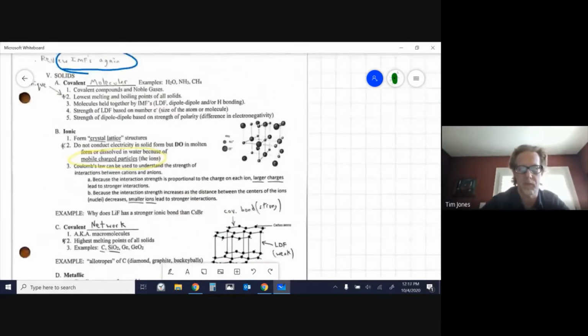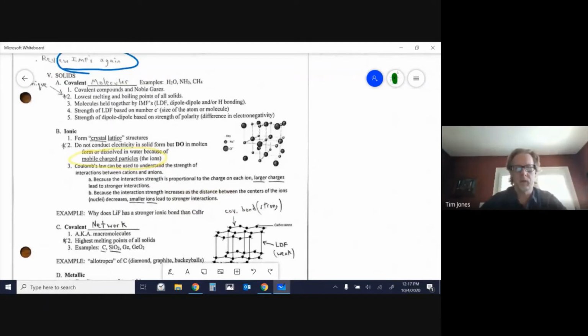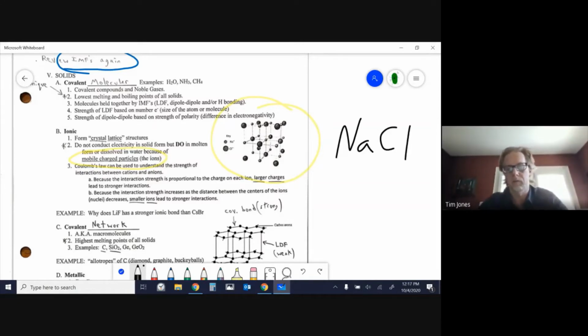A couple of specifics. Here I've included a picture of what's called a crystal lattice for ionic substances. It's important in ionic things that you realize when you see a formula like NaCl, that's not a molecule.